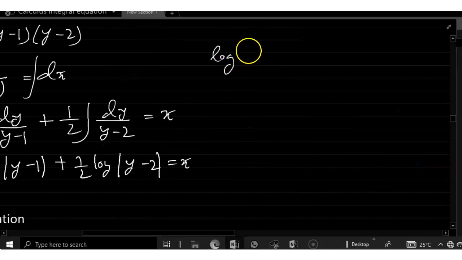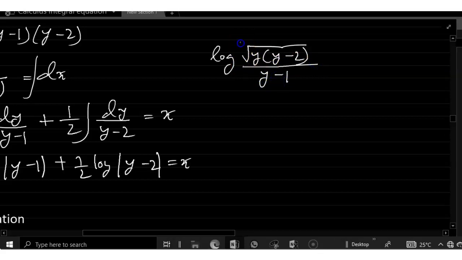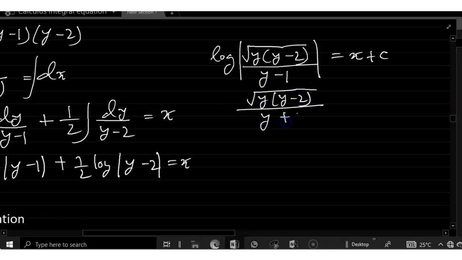Log of the square root of y(y−2) divided by |y−1| equals x plus c. Now the square root of y(y−2) divided by (y−1) is equal to e^(x+c).